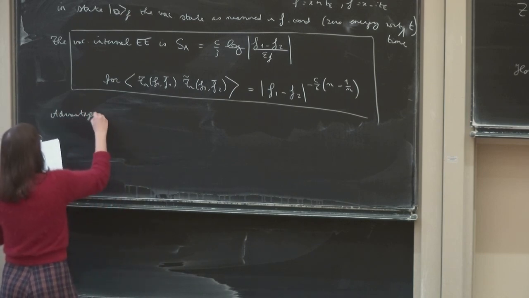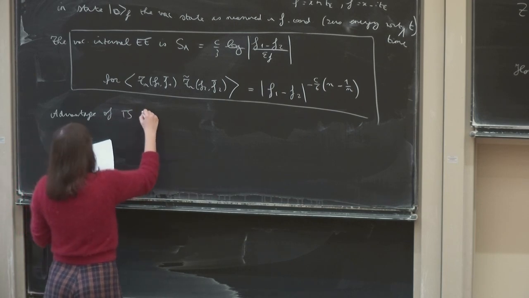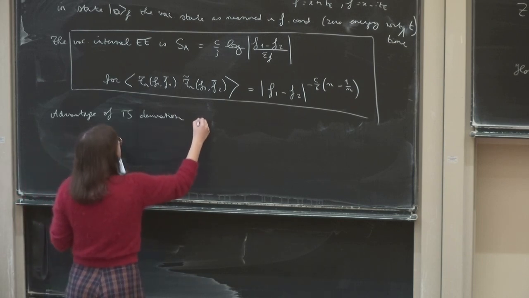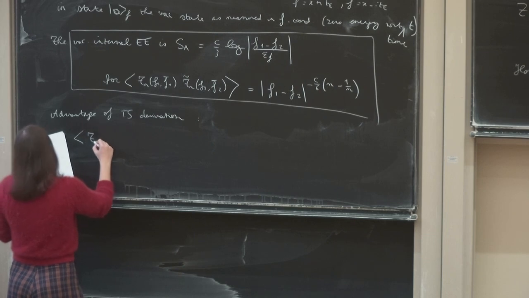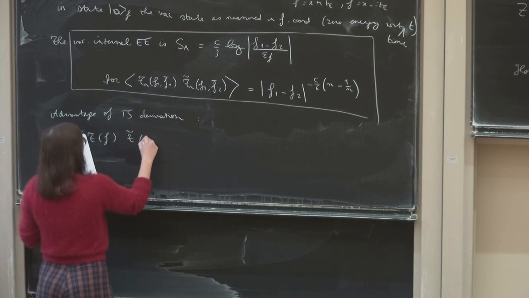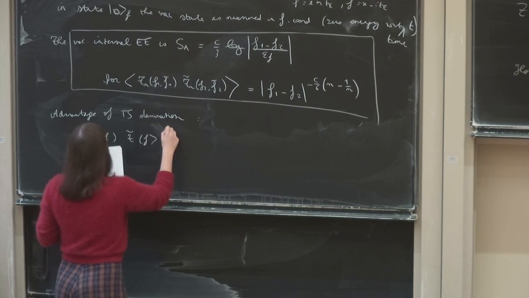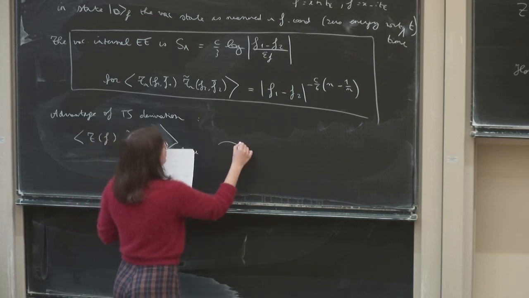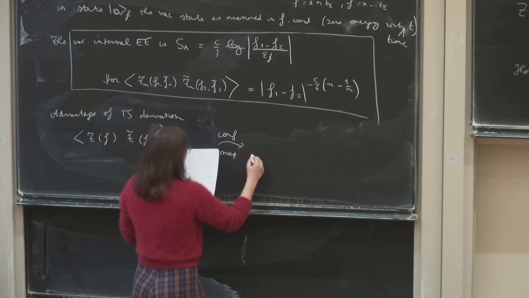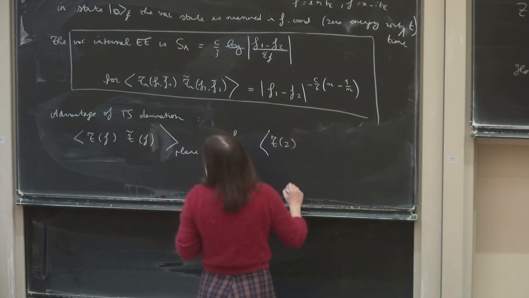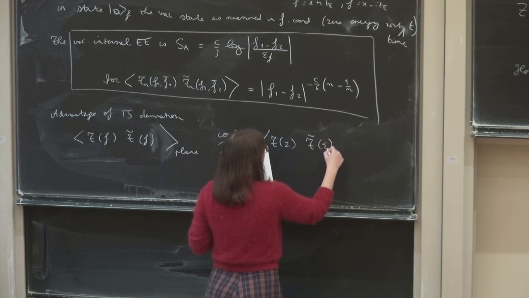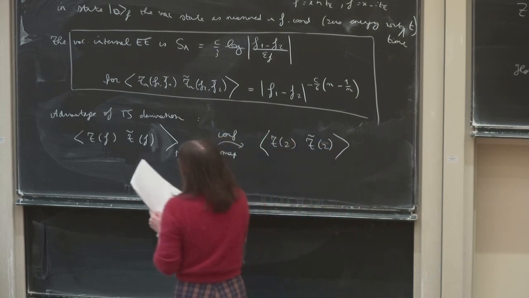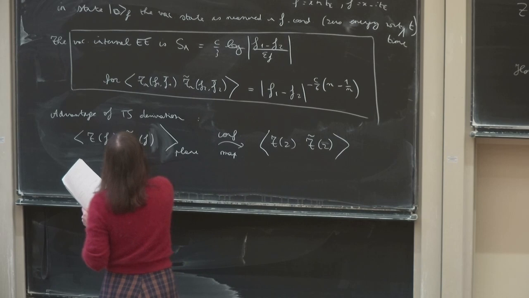And as I said, the advantage of this perspective, well, I left out the actual derivation, is that once you know the correlator of the twist fields on the plane, you can conformally map it to the correlator of the twist fields on some conformally related geometry. Okay, this is one.